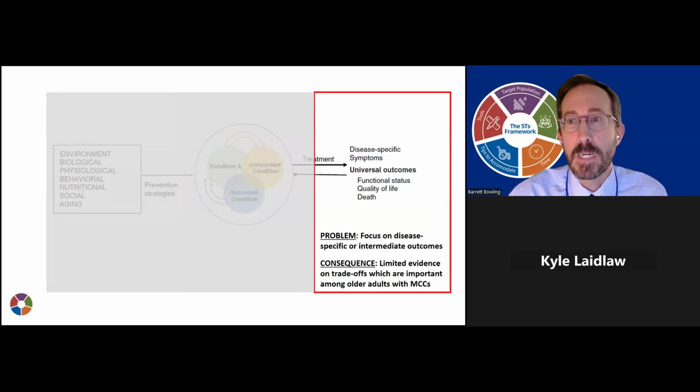It's really hard to make those types of decisions if each of those clinical trials is focused on one disease-focused outcome. So these are some examples of how our typical approach and the underrepresentation of older adults in general may impact our understanding of multimorbidity across this trajectory or conceptual model from development to treatment.